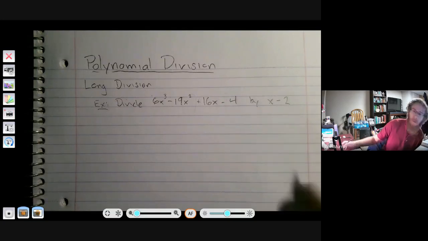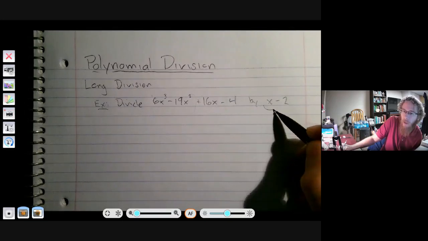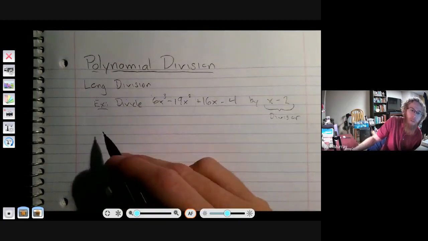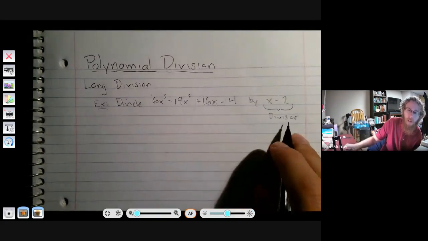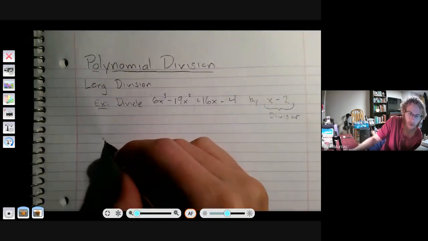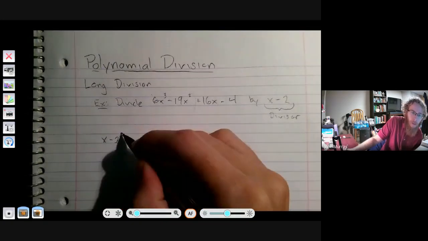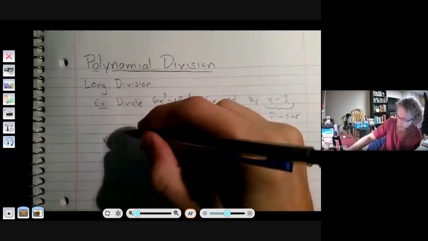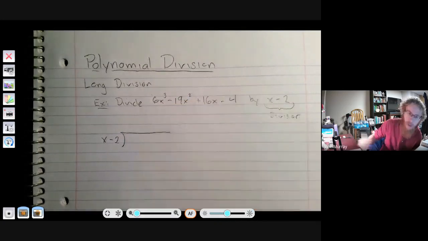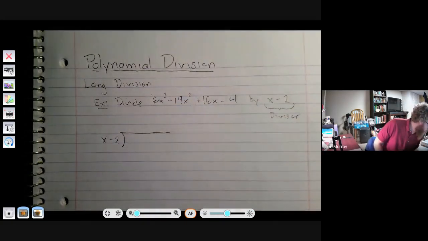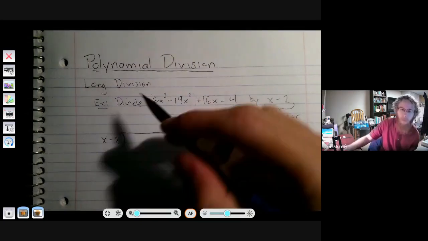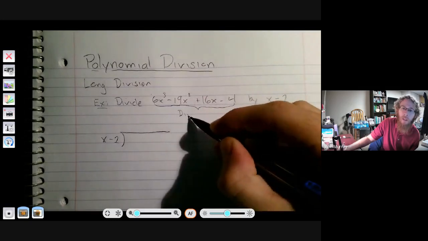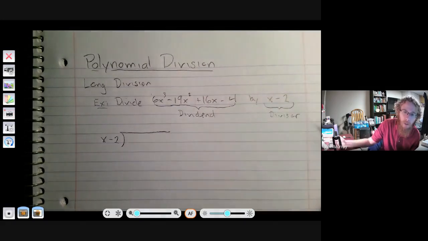Okay, so some quick terms. Whatever we're dividing by, we call the divisor. So the divisor goes out in front. And then we have our division sign. So we draw the big division sign. What goes underneath the division sign is called the dividend.